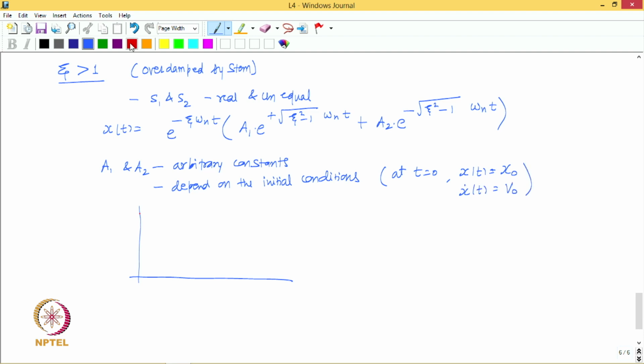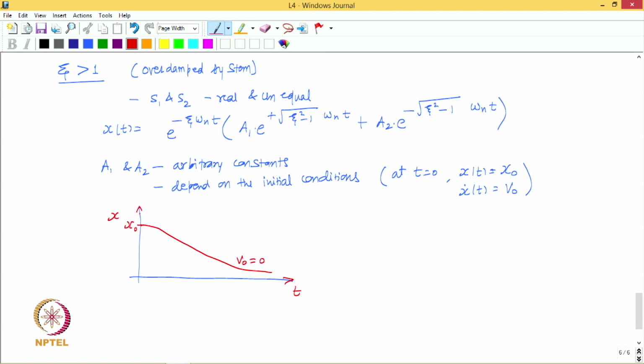So, if you take a certain value of x naught, let us plot x here and t here. So, the x of t, if the velocity v naught is 0, is going to decay like this. For this you can see velocity is 0 and the displacement starts from x naught.